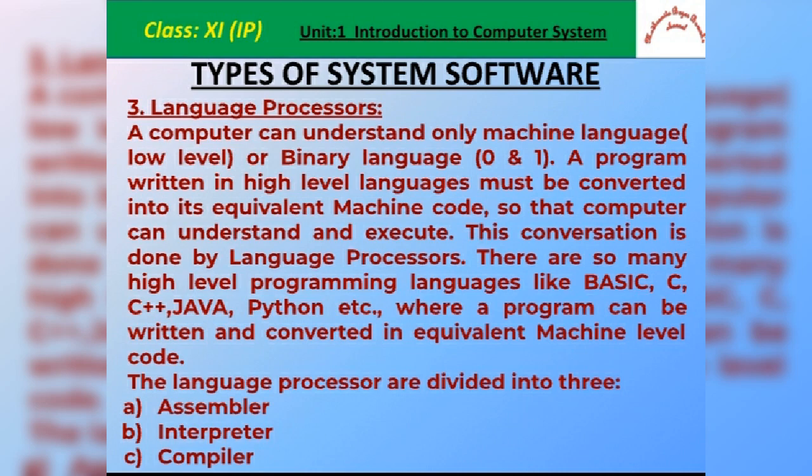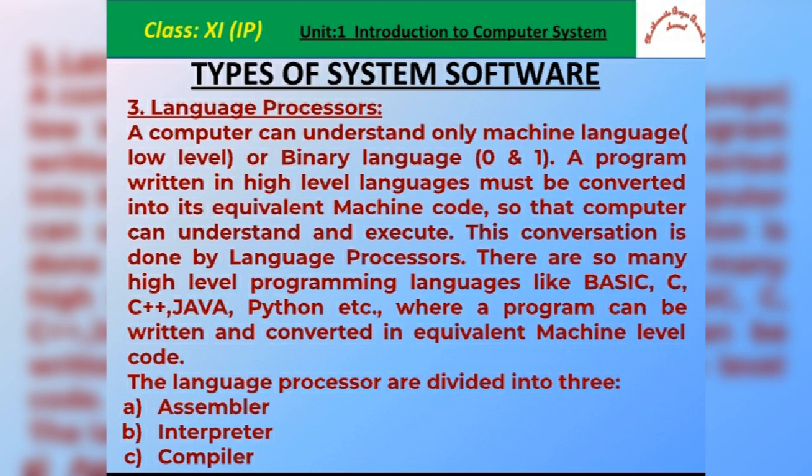For example, when we are using any high level language, suppose C++, Java, and in your syllabus Python, to execute the program, first it is converted to machine understandable language, meaning it is translated. These translators are called language processors, and they are divided into three: assembler, interpreter, and compiler.